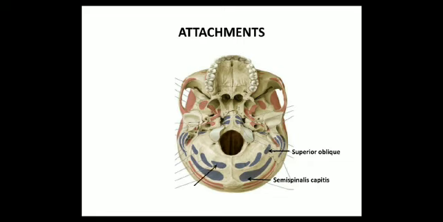The area below the inferior nuchal line provides insertion medially to the rectus capitis posterior minor and laterally to the rectus capitis posterior major. And the posterior belly of digastric is attached along the mastoid notch.